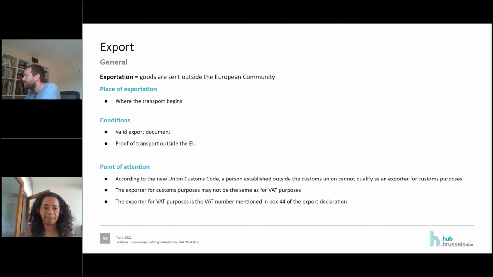If the standard VAT rate is applicable, so 21%, you will have to report this transaction in your VAT return and self-account for the VAT. So you will pay the 21% and deduct at the same time through your VAT return, of course, again, provided that you have a full right to deduct the VAT.